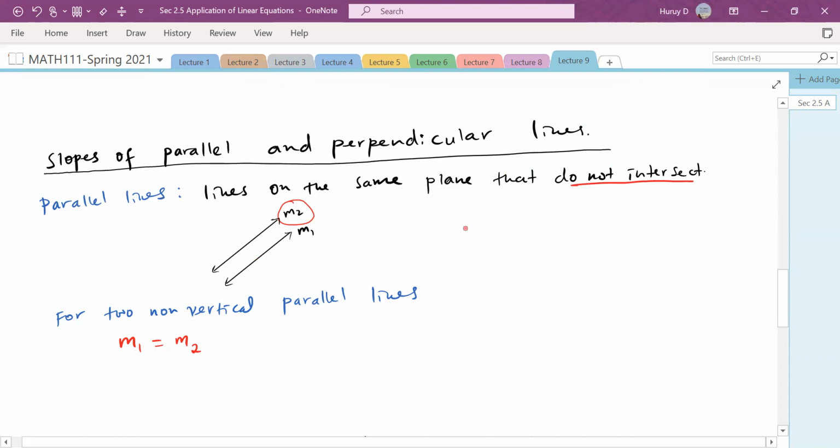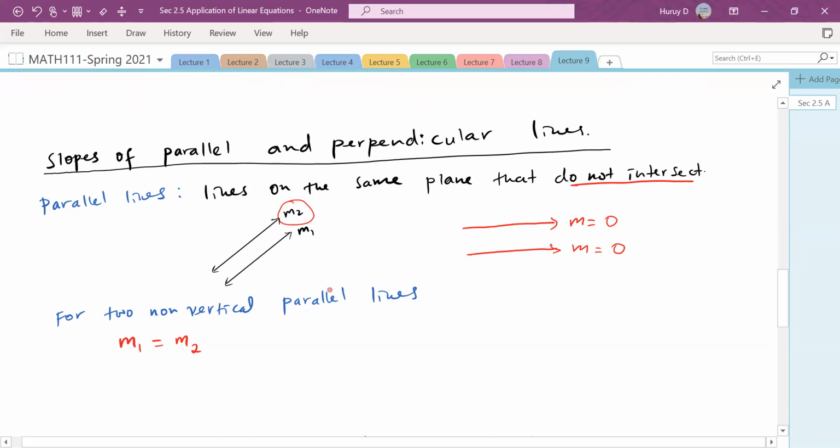For example, if you take the simple case, if you have two horizontal lines, both of them are horizontal, so they are parallel. And if you remember, the slope of a horizontal line is 0. And for this one it will be again 0 because the steepness is the same.